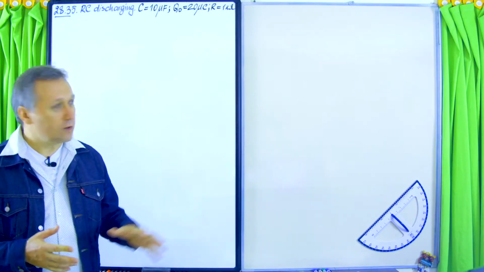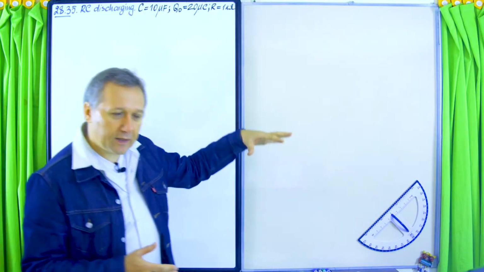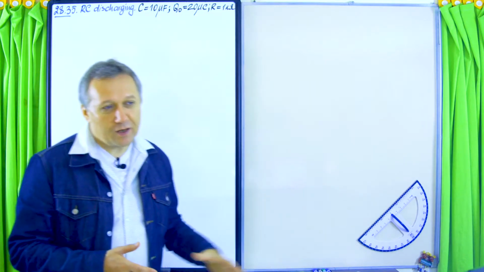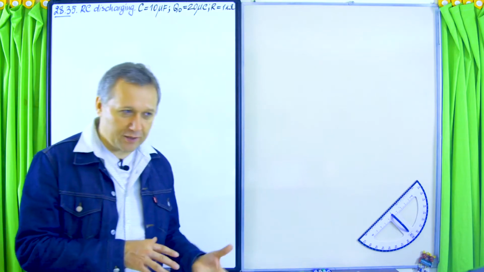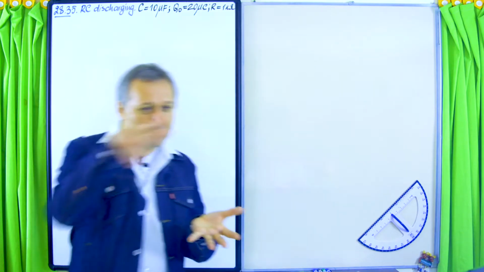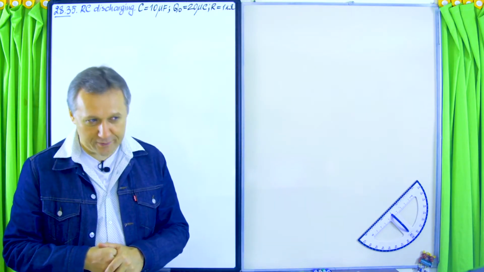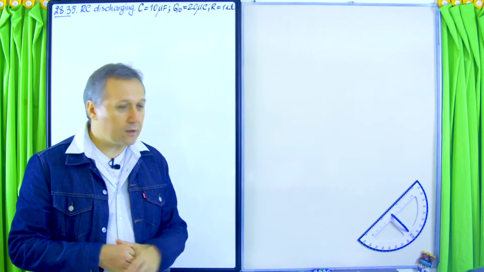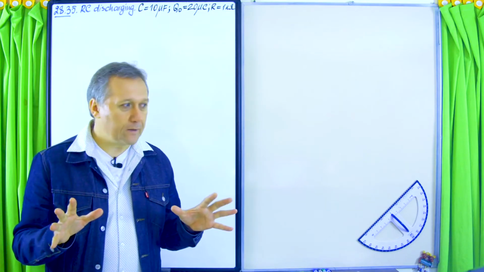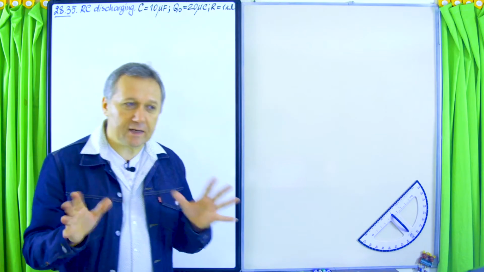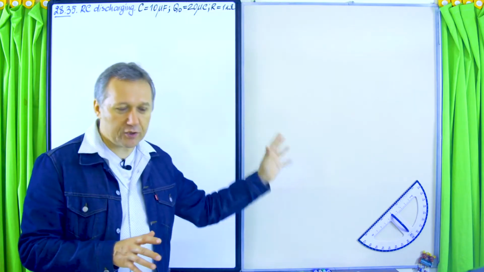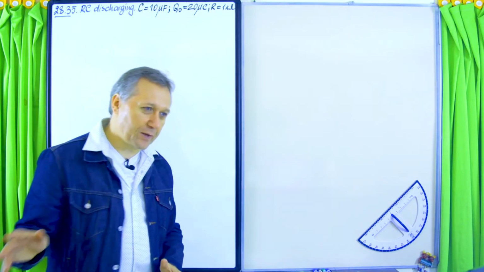And then we also glanced through, and I emphasized major points about the discharging case, when the capacitor is full and you discharge it through a resistor. The current function is exactly the same in both cases, charging and discharging. It decays exponentially.